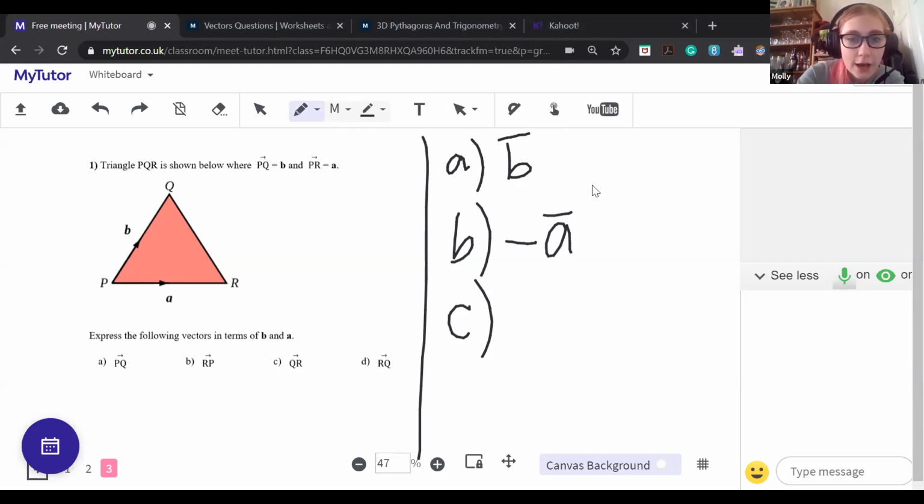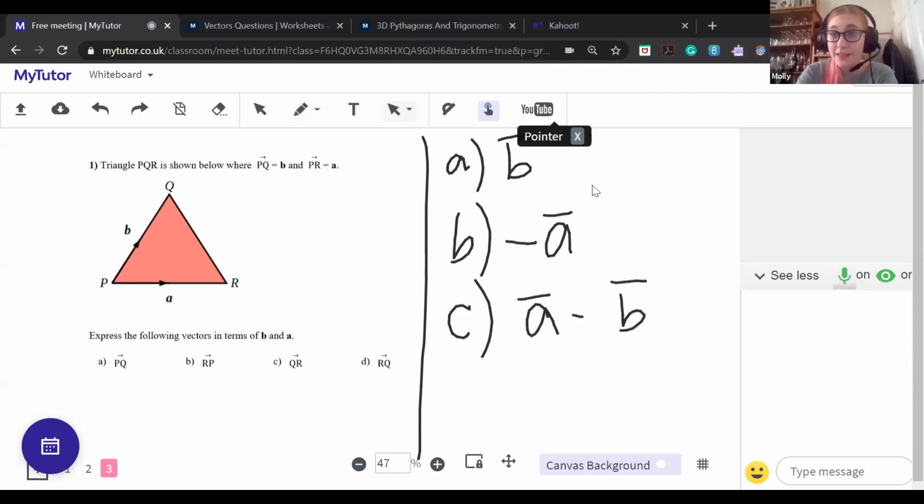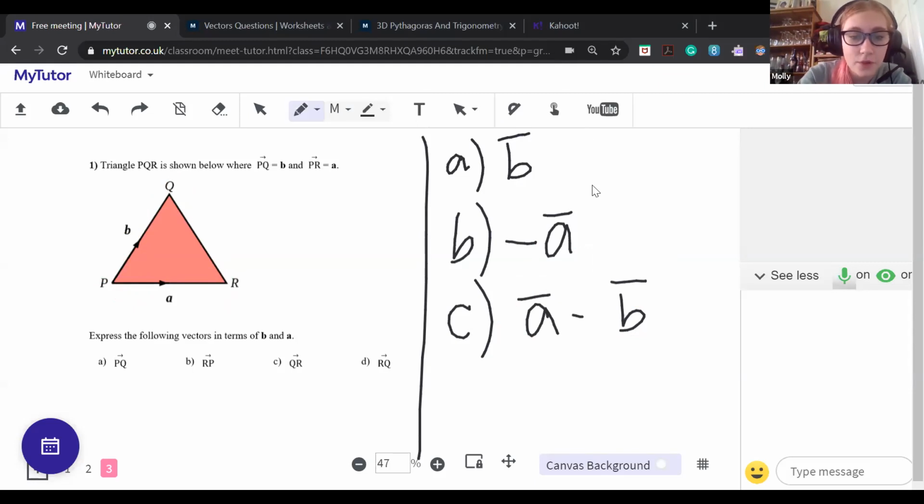It will be, I would write it as A minus B, or you can write it as minus B plus A. But we have a look at where we're going. We travel along here, so we see that we do a minus B and then an A. I just write it this way round because I think it looks neater than minus B plus A, but either is totally correct. And then finally, what about D?